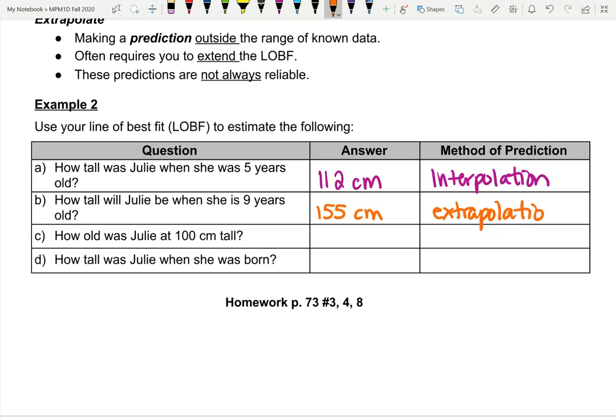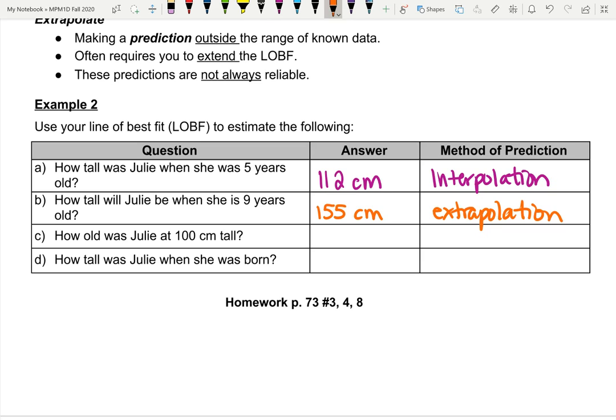Depending on your line of best fit, you could get different values, but they should be close. For the first one, if you got like 107 or 110 centimeters, that would be fine. For the second one, if you got like 152 or 150 centimeters, that would be fine. As long as you're close, it's just an estimation, so it won't be incorrect.